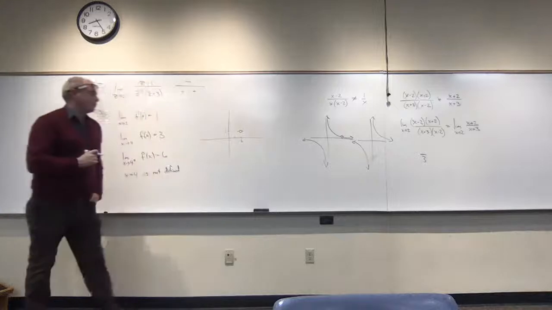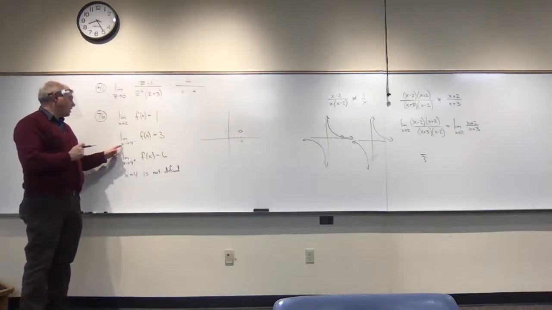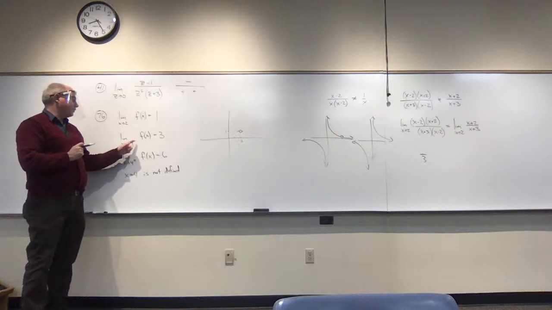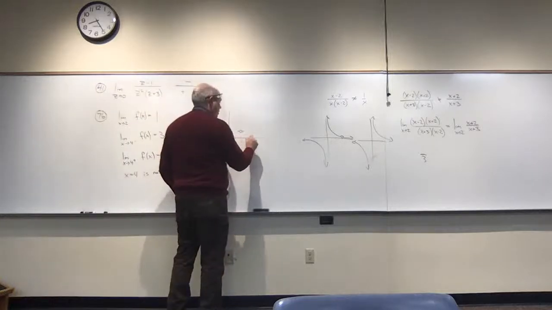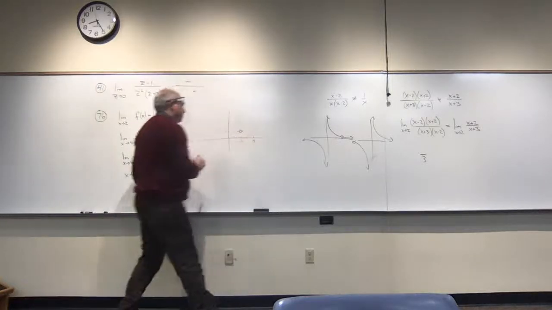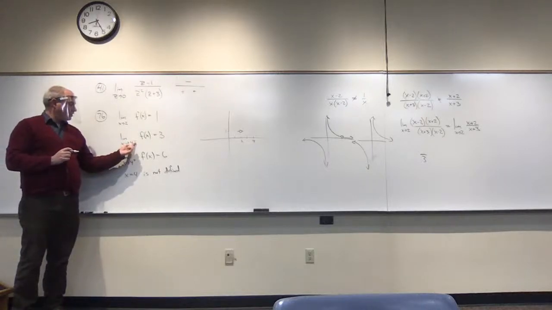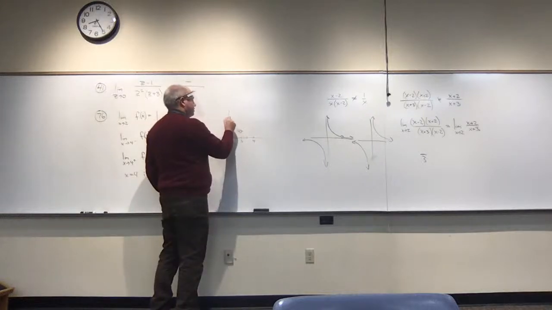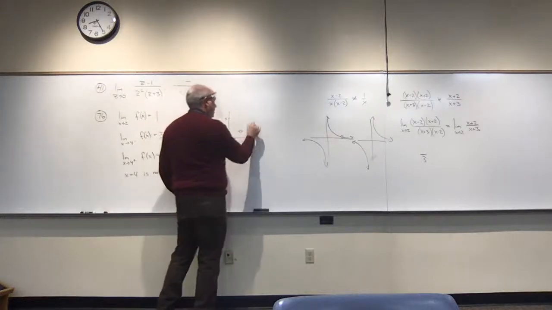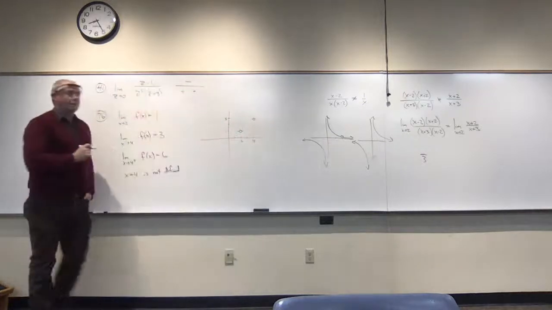I know from the right and from the left, it's getting close to 1. Okay, then it says that as it gets close to 4 from the left of f of x, I get 3. So here's 3, here's 4. So as I get close to 4 from the left, I get 3.